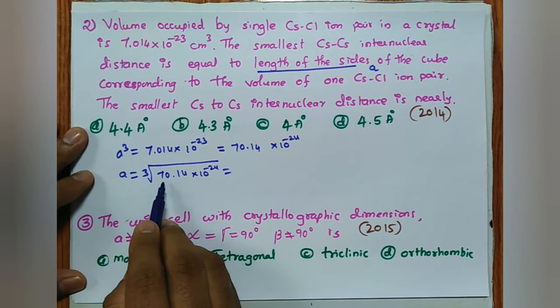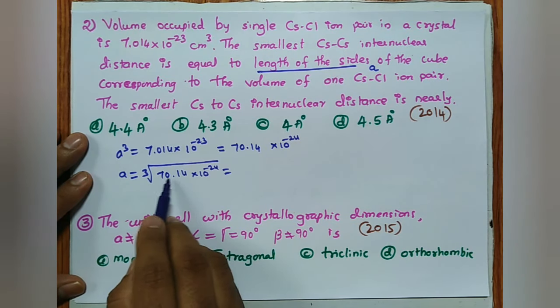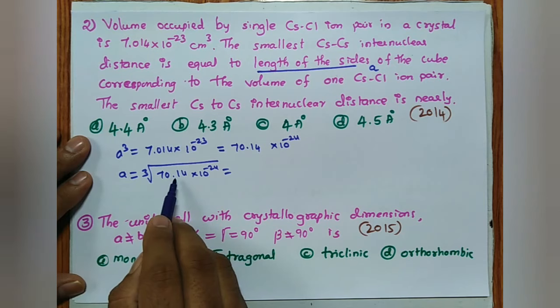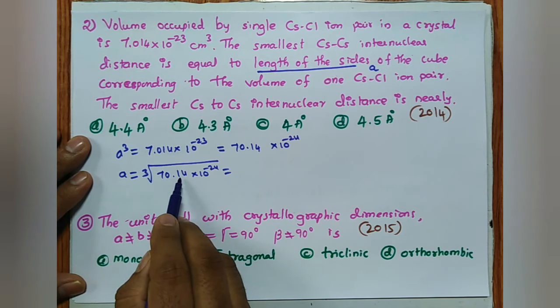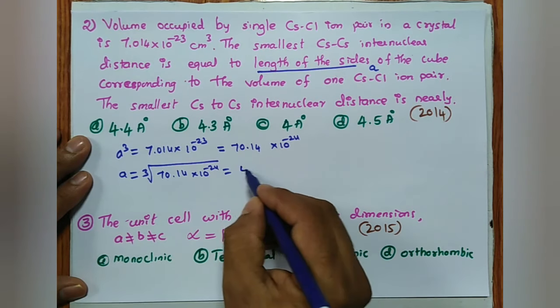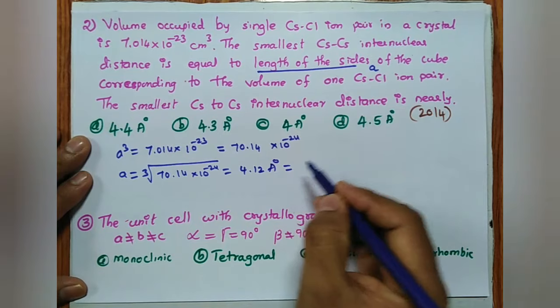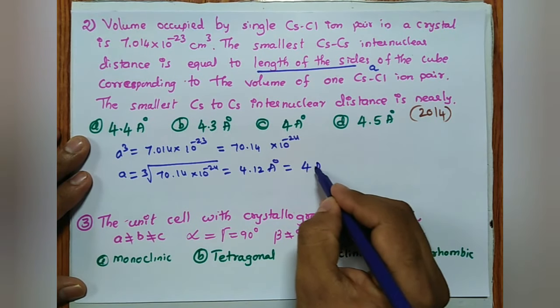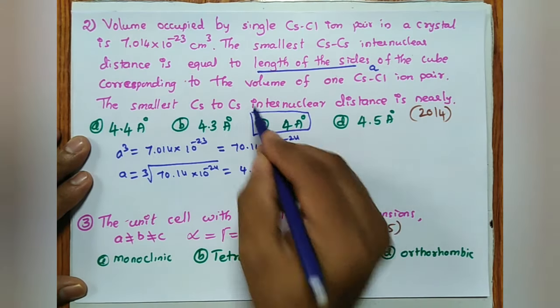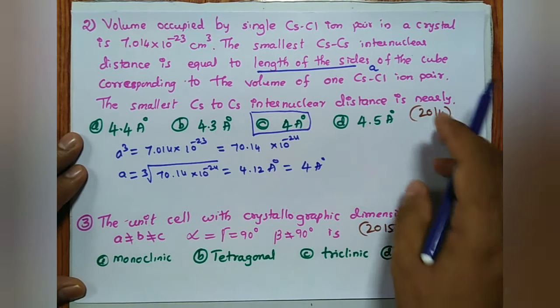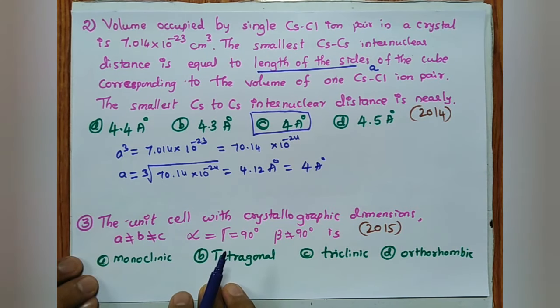The cube root of 70 is almost that of 64. The cube root of 64 is 4, we know that, right? So you are going to get A almost equal to 4.12 angstrom unit. So the answer is approximately 4 angstrom unit, answer is C. This was also asked in 2014.